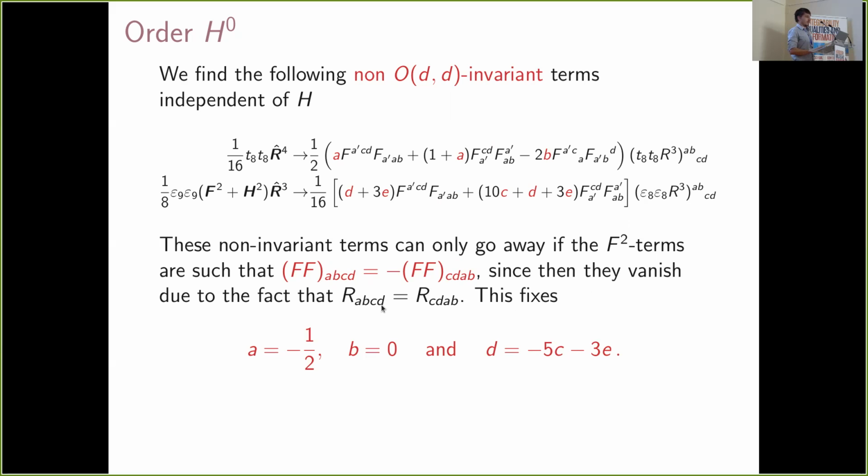So R ABCD is equal to R CD AB, which means that these cubic terms in the Riemann tensor inherit that symmetry. And then if you contract it with something that's antisymmetric, it will give you 0. Okay, so that's the only way that these terms can go away. And that fixes these coefficients. In particular, you see that it fixes A to be minus 1/2. This B term has a different structure and has to be 0. And then finally, it fixes D in terms of C and E.